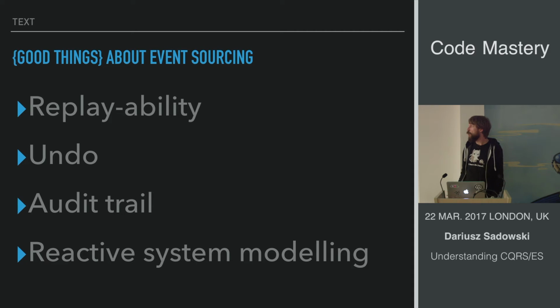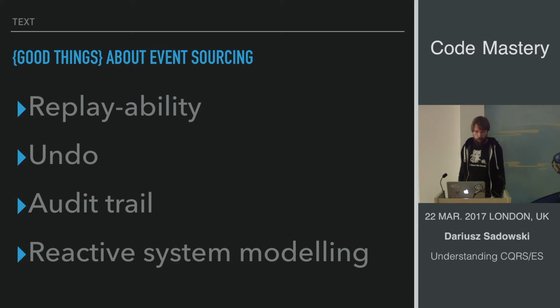Having only state, for example, you wouldn't be able to create a report about sales difference between Friday and Monday, or how many items were added to basket on Friday, how many items were added on Monday, what is the difference. With this and replayability, you can check which events are happening more often at the given time.